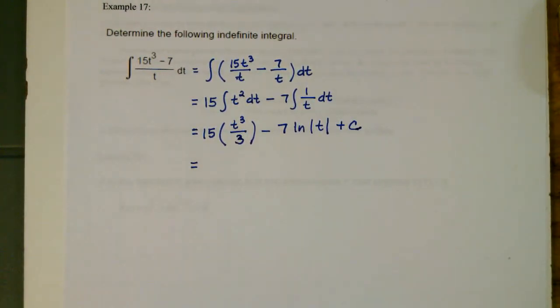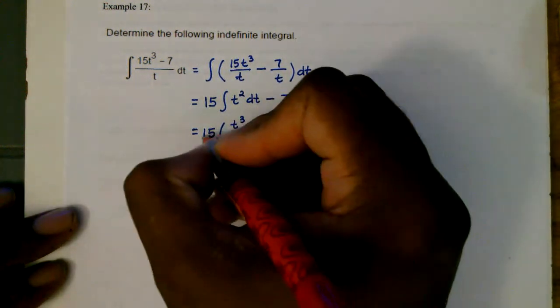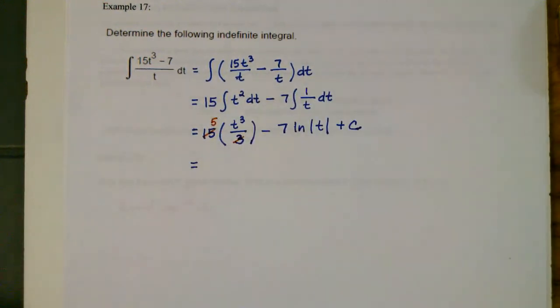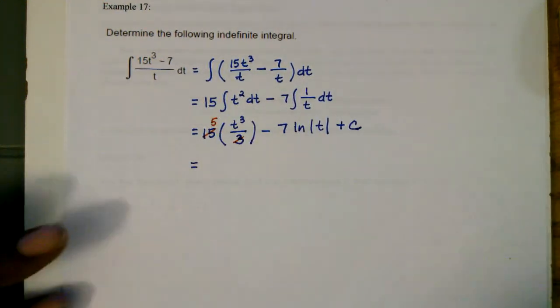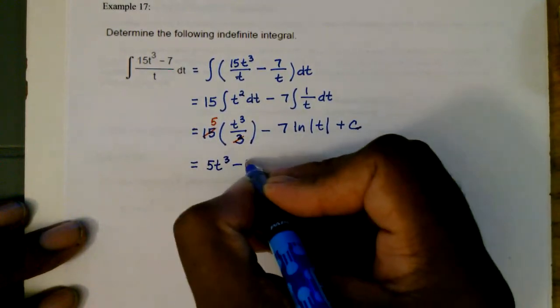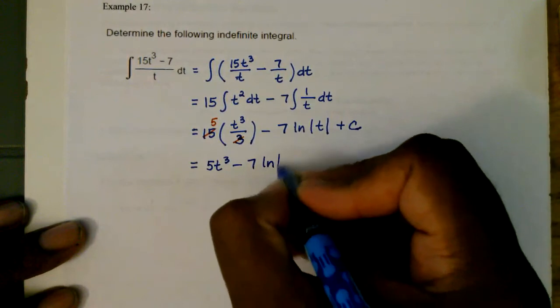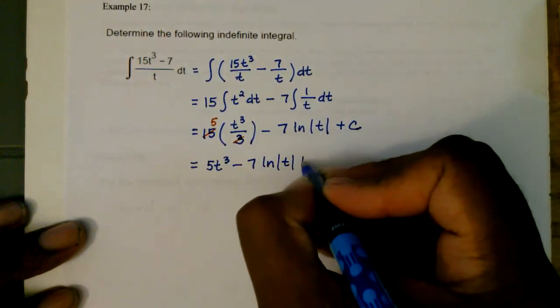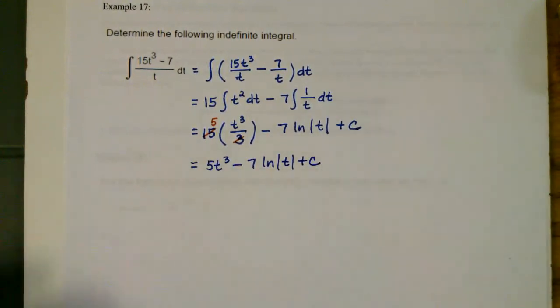So in this case here, if I divide 3 into 15, that's going to go 5 times. So I have 5t cubed minus 7 times the natural log of t plus c.